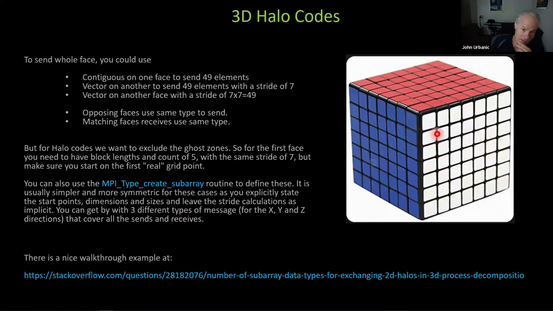Well, now, how do we send a message that is a 5 by 5 block on the inside? Once again, the user-defined data type: we could define a vector that's 5 elements long here, but still has a stride of 7, and so it would send these 5, and then it would know that the blocks are really 7 apart, and it would skip down to here, and then we could send these 5.